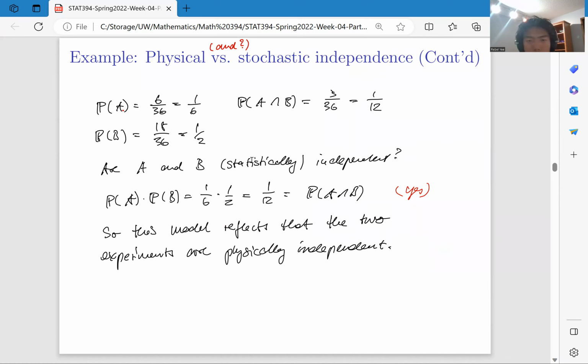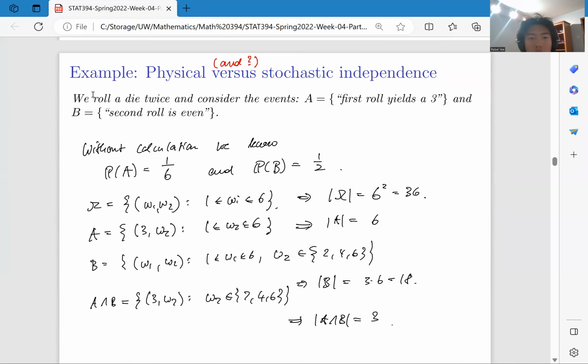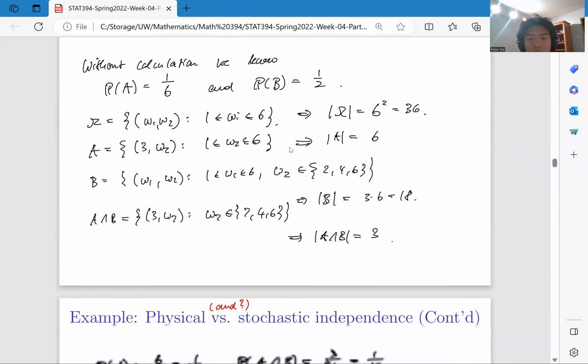So are they stochastically independent? We just need to multiply these two terms together. 1/6 times 1/2 is 1/12, which is the same as the probability of A intersection B. So we have proved that yes, they are stochastically independent. In this case, it reflects the previous experiment, that the two events are physically independent.